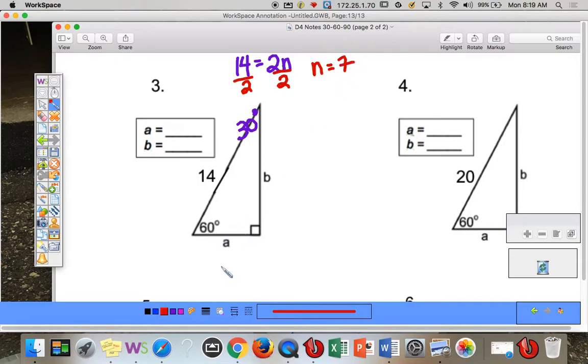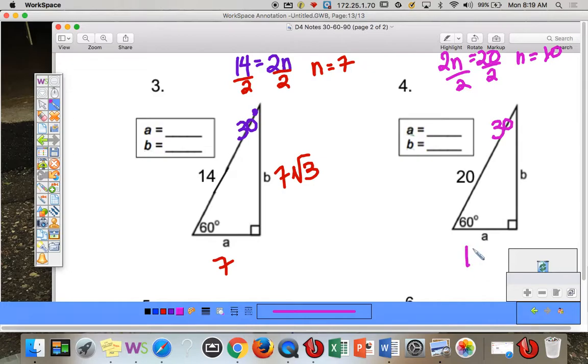And that goes between the 60 and the 90. So A is 7. And the last side will be 7 square root of 3. Let's try the next one. Again, between the 30 and the 60, that's 2n. So 2n equals 20. Let's divide by 2 here. So n equals 10. And that goes between the 60 and the 90, so this side's 10. And the last side is 10 square root of 3.